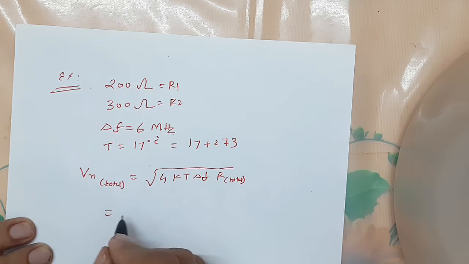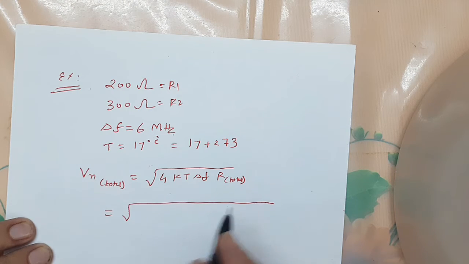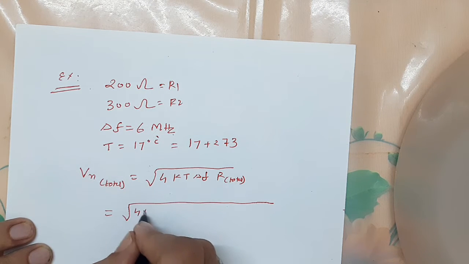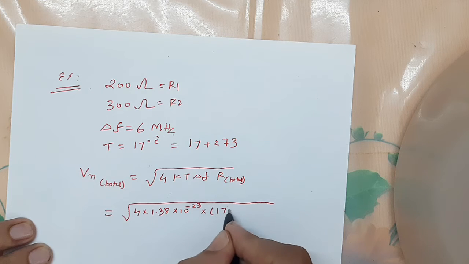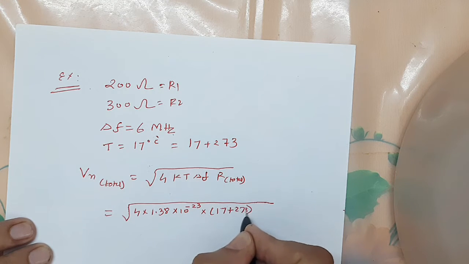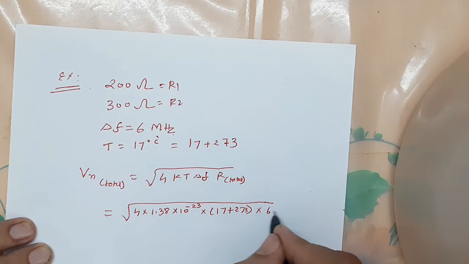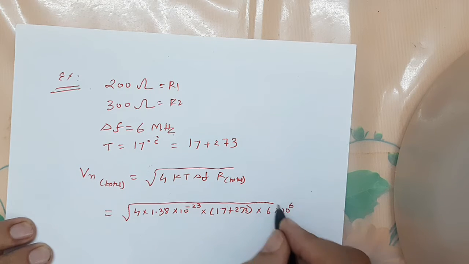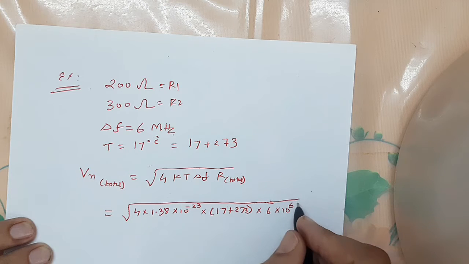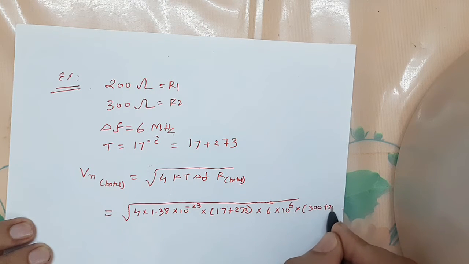This is equal to under root of 4 into 1.38 into 10 raised to minus 23 into 17 plus 273 into 6 into 10 raised to 6 (delta F) into 300 plus 200.